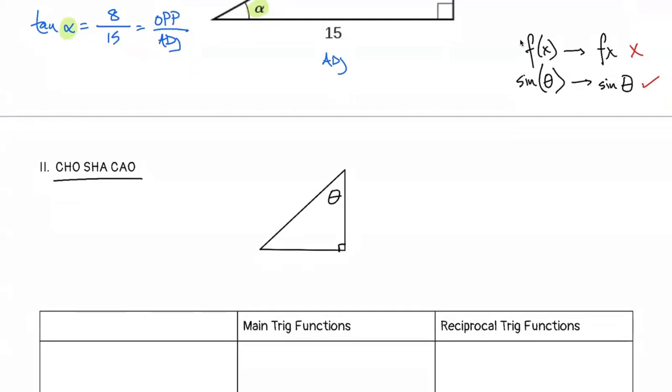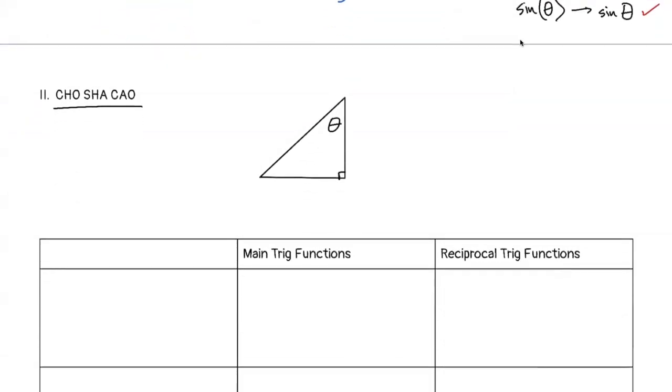I'm wondering if you can tell me where I should label the hypotenuse. Let's start there. Where should I label the hypotenuse? The one that's not horizontal, diagonal. Yeah, great. So we'll call this the hypotenuse.